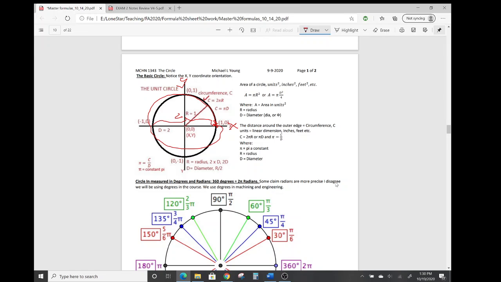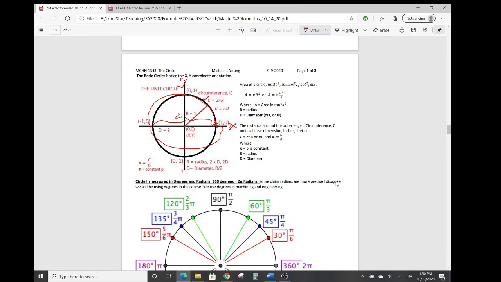So if you divide the circumference by the diameter, you get pi. And pi is a constant. Okay? So pi is the circumference divided by the diameter. That's a fraction again. It's a relationship. All right. The area of a circle in units squared. Anytime you talk about area, it's units squared, units raised to the 2 power.